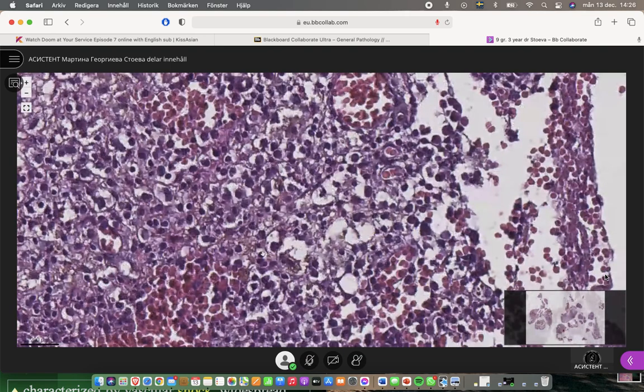We already saw polymorphonuclear cells several times, but here there is one as well. We can count 1, 2, 3 dots of the nucleus. This is a polymorphonuclear cell. And another polymorphonuclear cell here.